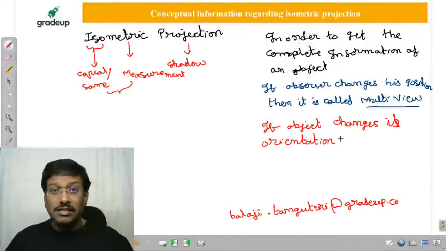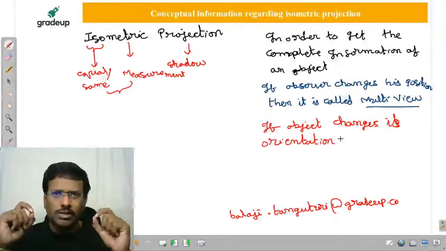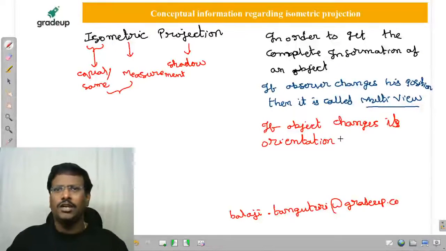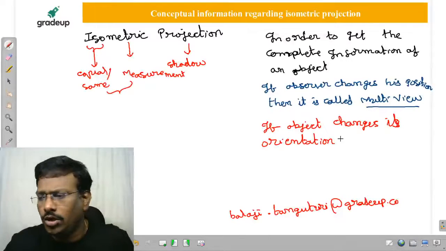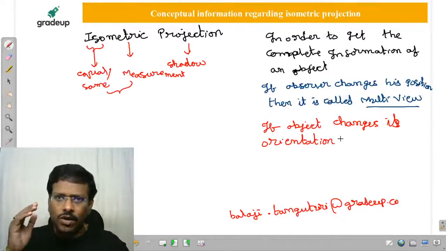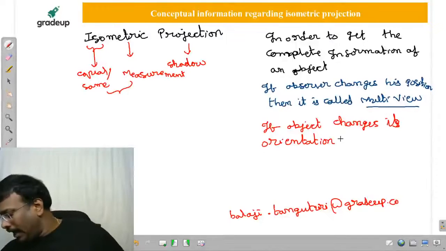You tell me, my dear friends. If you have this particular idea, you can crack any of the competitive things, and you can face interviews also. That is important. That's why we are moving in this detailed version.